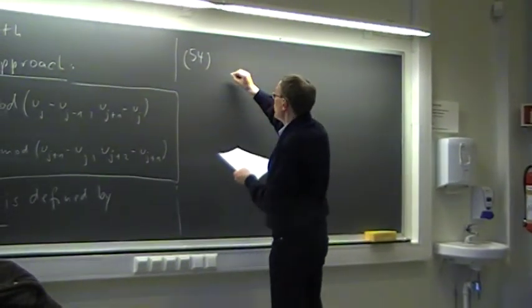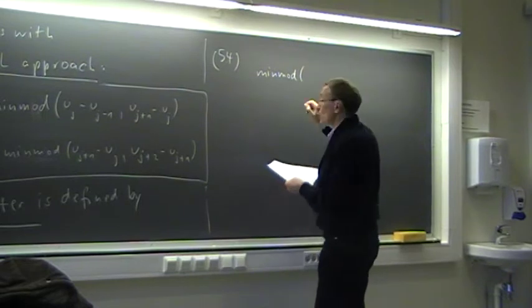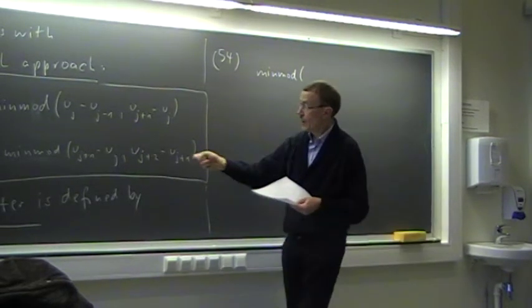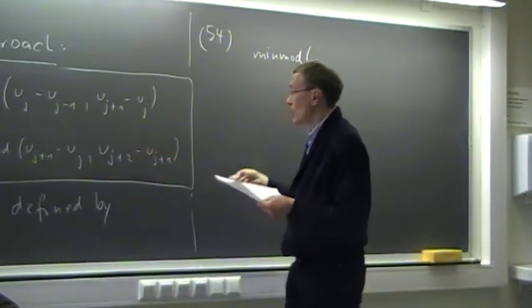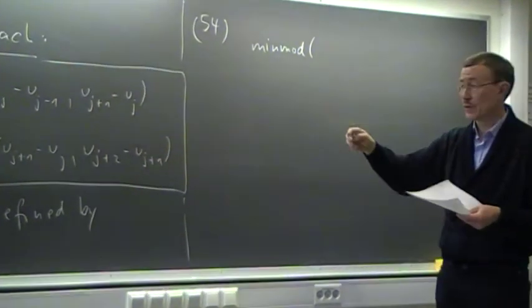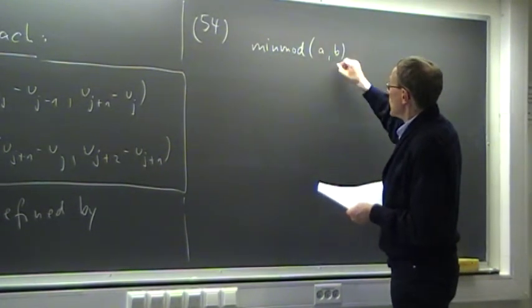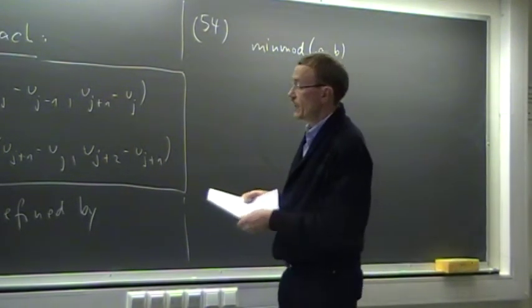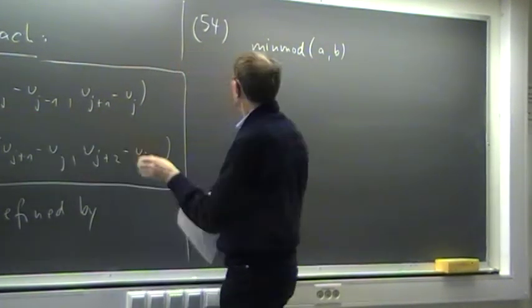So the min mod is defined as a function of two variables. In our case, it's the differences, but if we divide by delta x, it would be the slope. So we define it in terms of variables a and b. The a and b represent the slope to the left and the slope to the right.